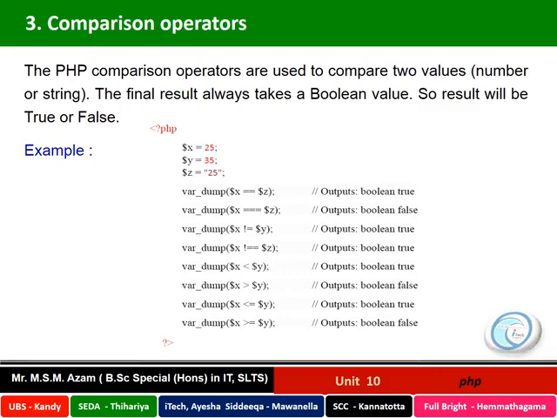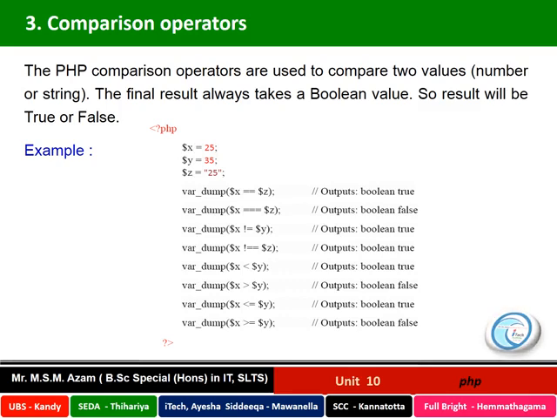Under that, first we say var_dump($x == $z). That means we check whether the value of variable x equals the value of variable z. The value of x is 25 and the value of z is also 25. That means they are equal and the output should be the boolean true.